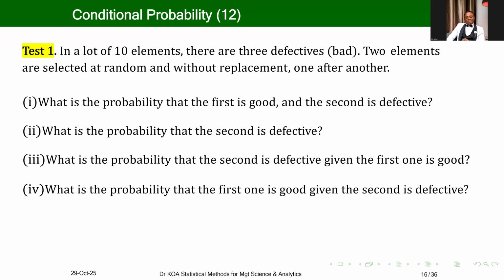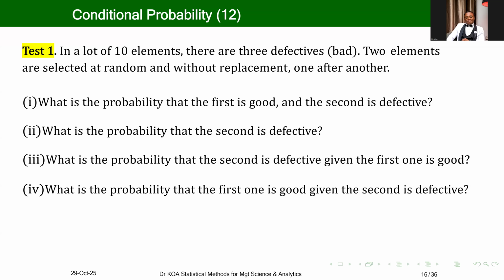Now, 2 of the elements are selected at random, and we don't replace them. So you select without replacing, you select and you keep one after another. I can tell you to use some letters to make life simple.